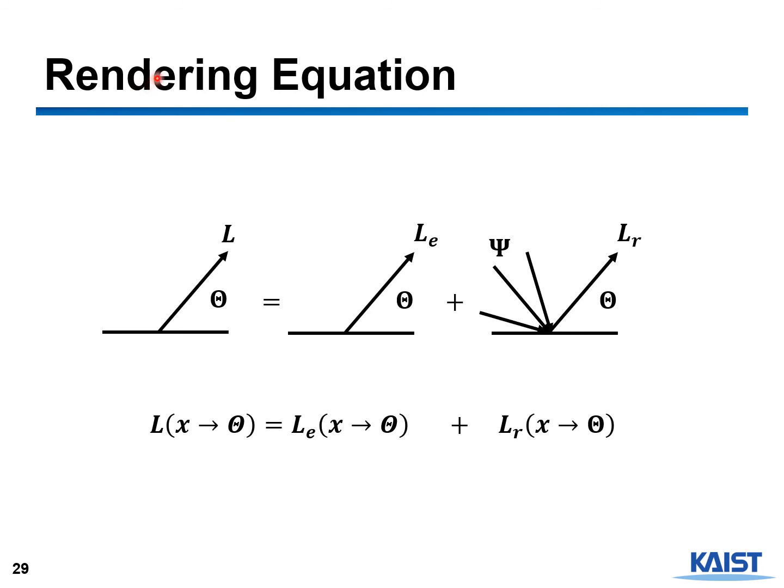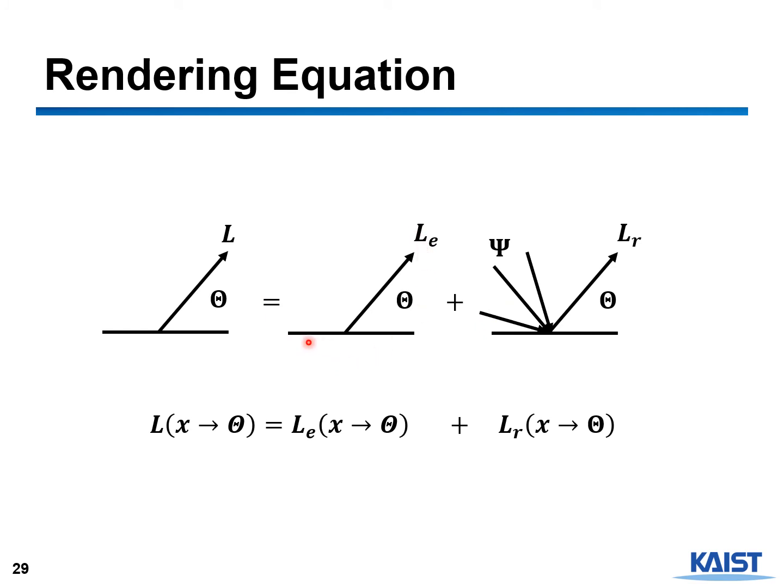Let's look at the detailed rendering equation. Suppose we want to know the radiance value that starts from x, with the ray from x in the direction L. We'd like to know the radiance value that starts from x in the direction of theta. In the same manner that we derived the radiosity equation, we consider two factors. One is the self-emitted term.